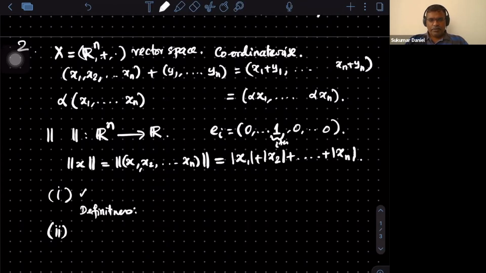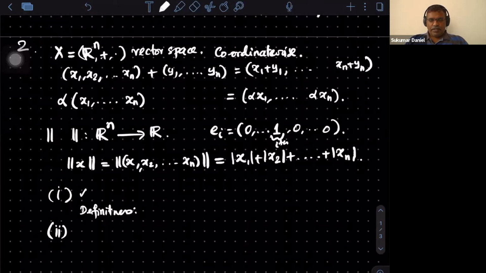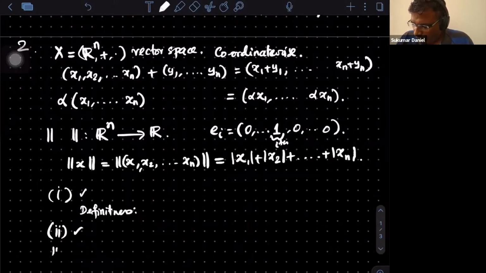That definition tells me it is modulus of alpha x1 plus modulus of alpha x2, and the last term is modulus of alpha xn. And use the property that modulus of alpha x1 is nothing but modulus of alpha into modulus of x1. You are doing this in every coordinate. Mod alpha is common, you push it out, and what rest of the things if you group, you will get back the norm x, and hence the norm of alpha x is modulus of alpha into norm x.